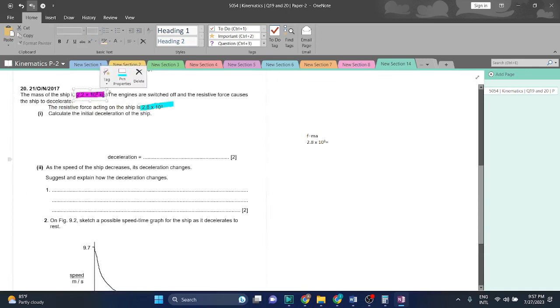I'll just copy this value. अच्छा, आगे 2.2 into 10 raised to the power of 8.